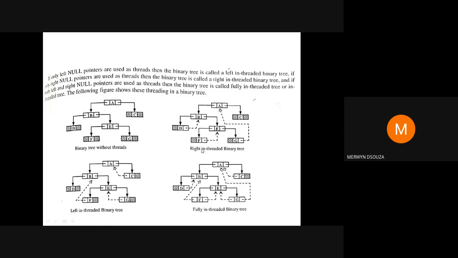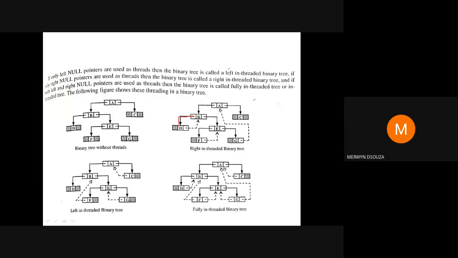Similarly, if you want a right in-threaded binary tree, then you replace the right null pointers with the in order successor. For D, the in order successor is B, for F it is E, and for G the in order successor is A. Make sure you draw dotted arrows. Threads are drawn with dotted arrows because solid arrows represent the child nodes.